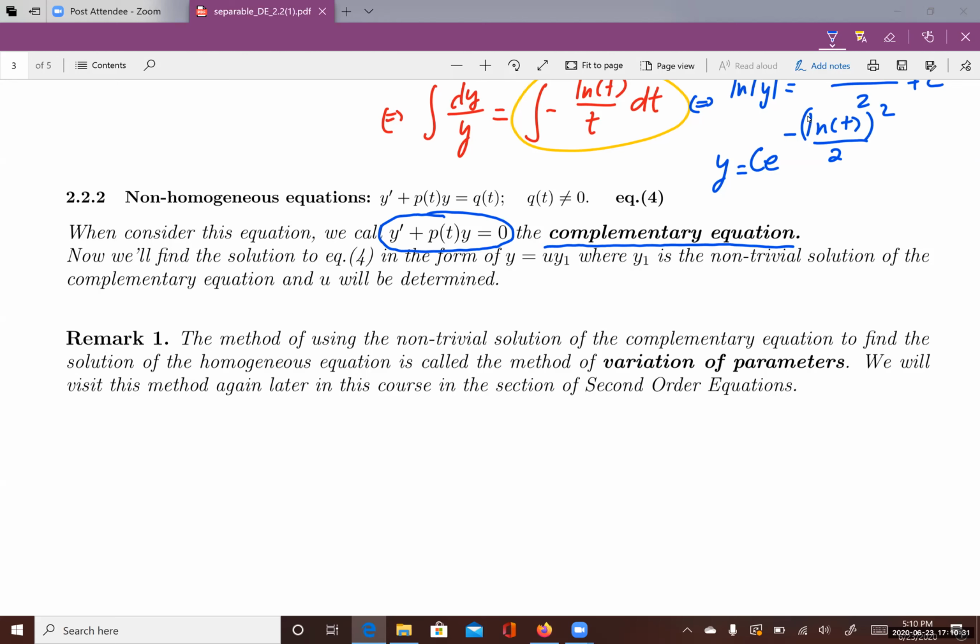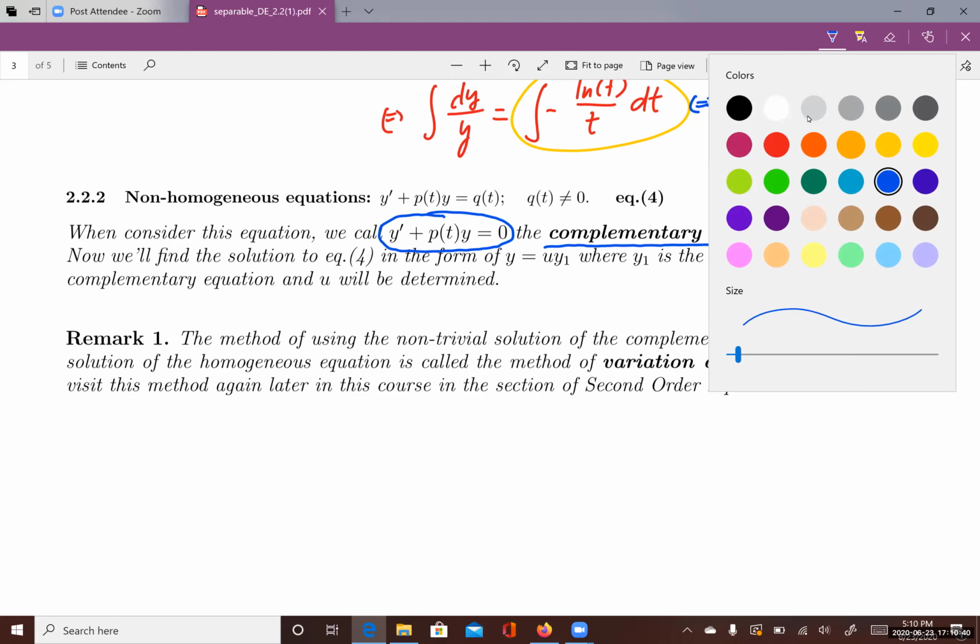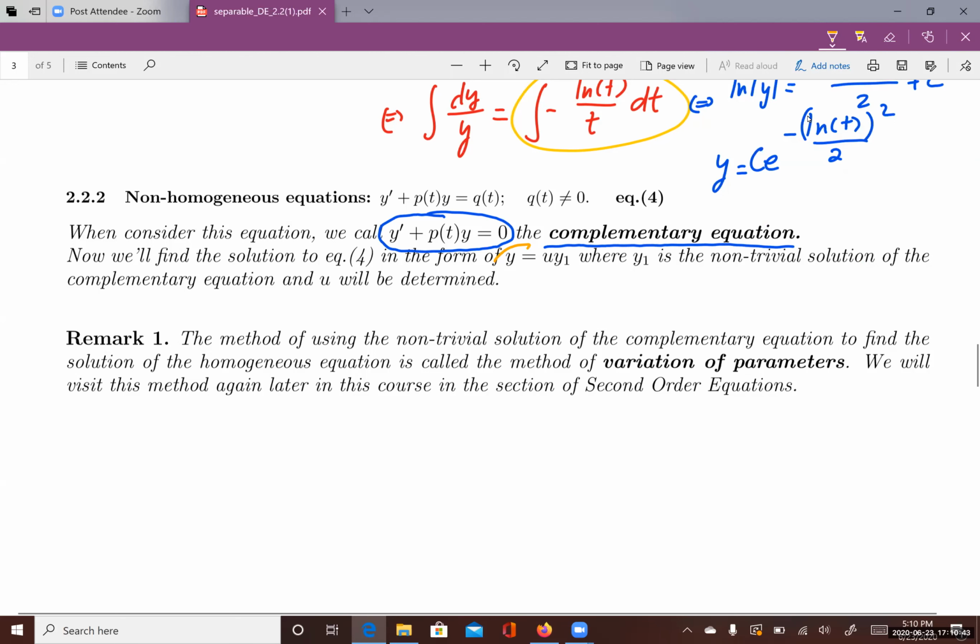Okay. And now we can find the solution to a non-homogeneous equation in the form y equals u times y1, where y1 is a non-trivial solution of the complementary equation, and u will be determined. So in order to solve this non-homogeneous equation, first you want to solve the homogeneous equation.